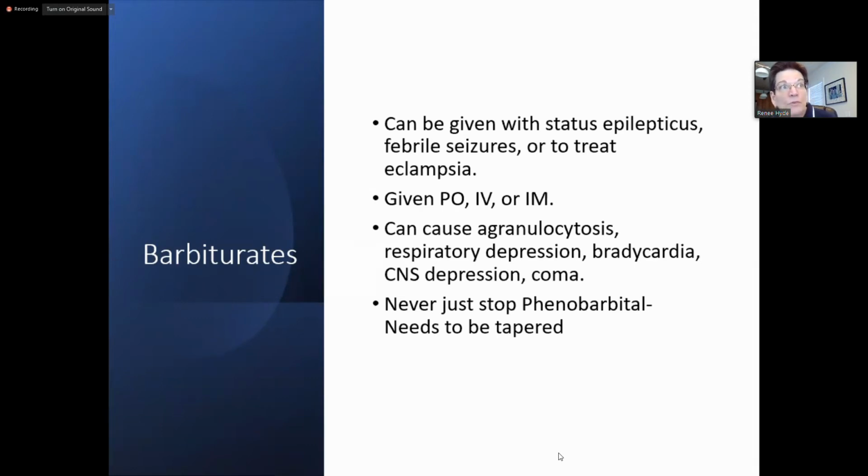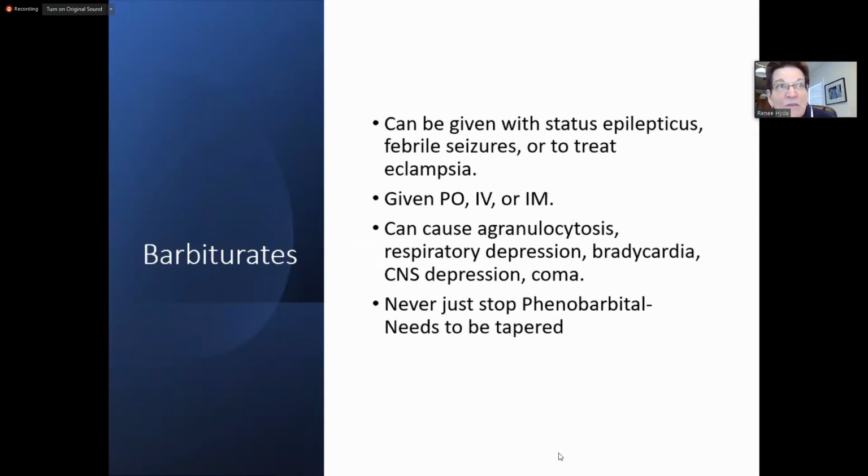Now, some precautions about barbiturates: they can cause agranulocytosis, which means we may have a patient with alterations in their complete blood count. They can cause respiratory depression, bradycardia, and CNS depression.